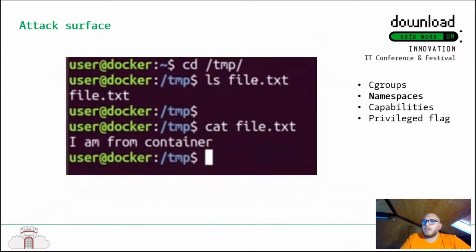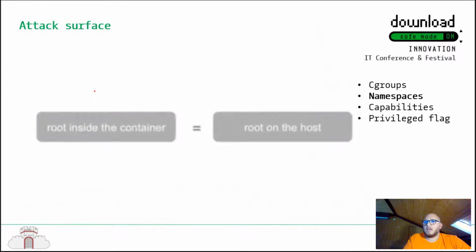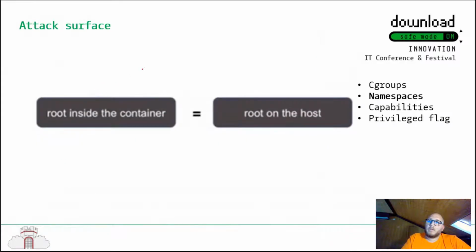If we go out and look at the file on the host machine, we see that changes were made from the container to the file on the host machine. This means that when you are root inside a container, you are root inside the host. And this is a very bad problem.